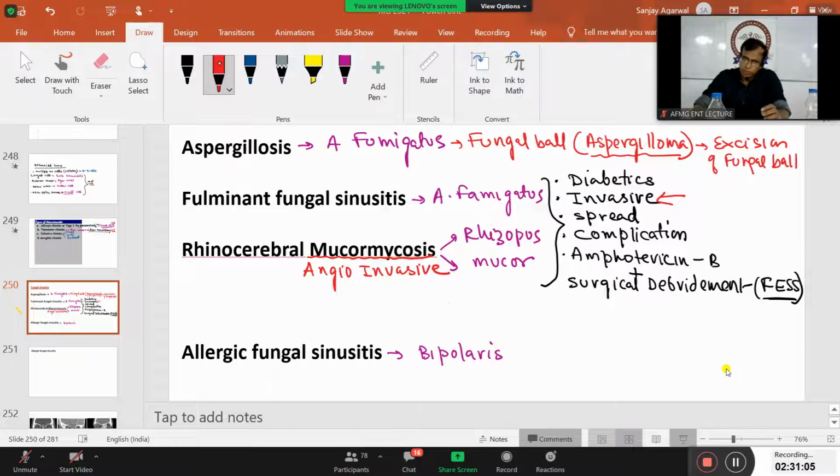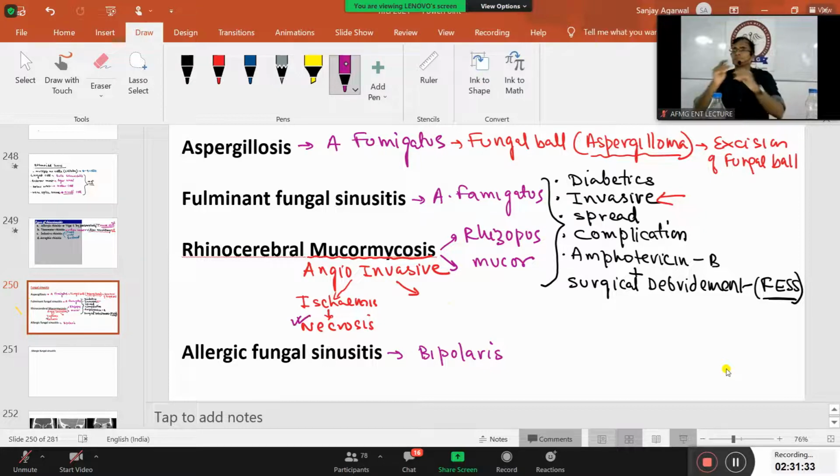And so it can do two things. One is it will block the artery. Artery को block करके the blood supply बंद. What will that do? That will cause ischemia. And ischemia will cause necrosis. So this is a very, very special thing about mucormycosis, the fact that it can cause necrosis.